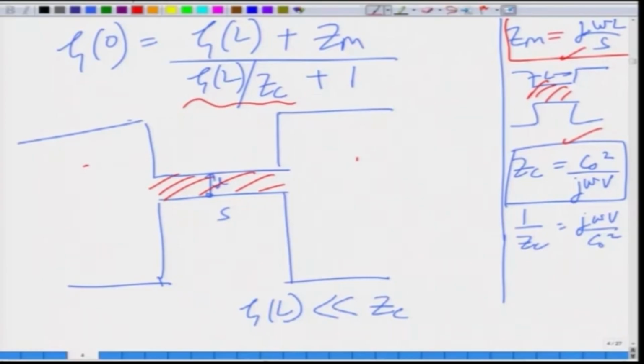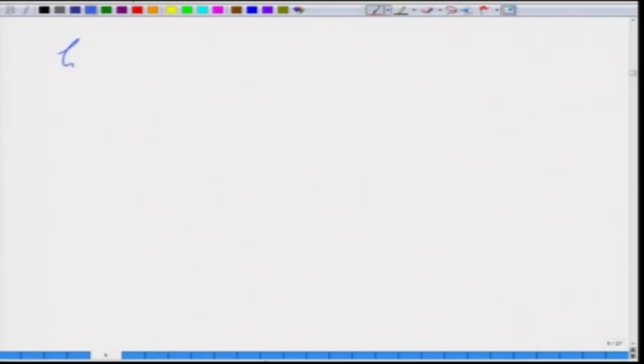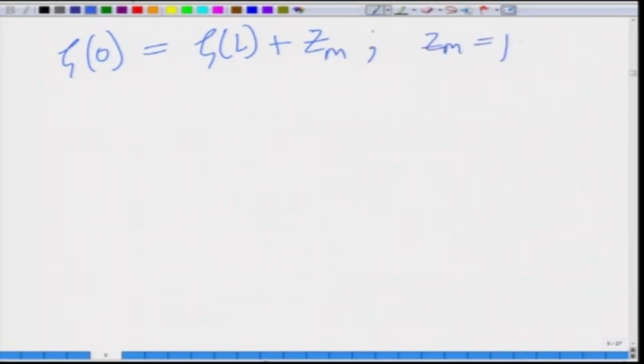Under such a situation, what we actually get is zeta at x equal to 0 is equal to zeta at x equal to L plus Zm, where Zm is j omega L by S.